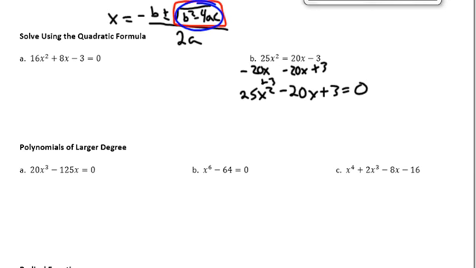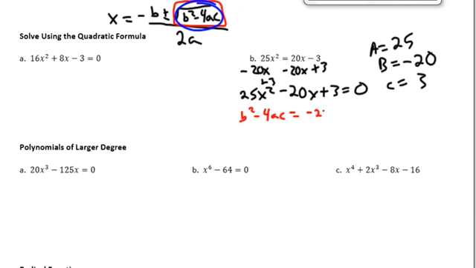Now I can say that my a is equal to 25, my b is equal to negative 20, and my c is equal to 3. I want to do the b squared minus 4ac part first. So I get negative 20 squared minus 4 times a, which is 25, times c, which is 3.